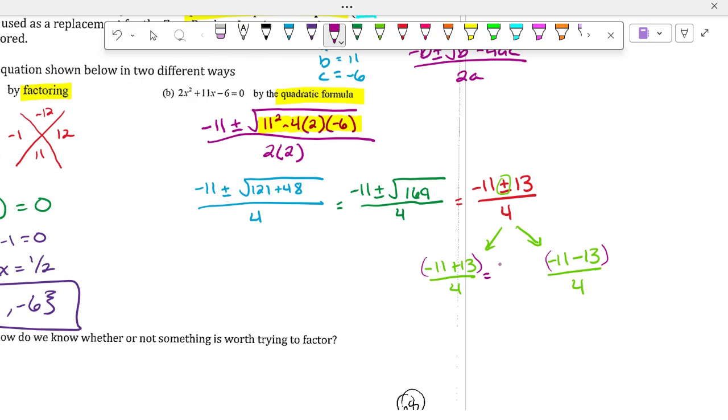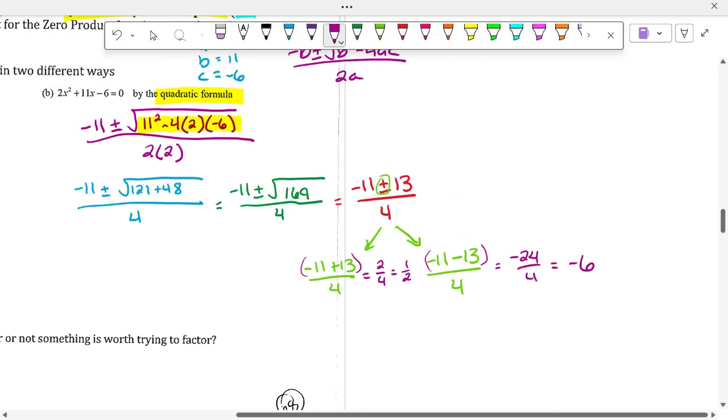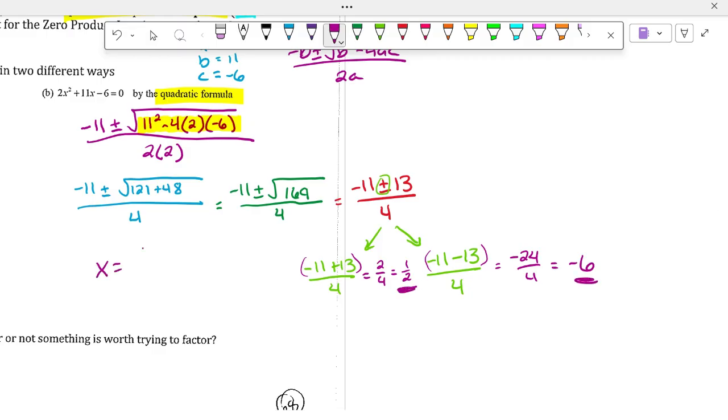This would equal 2 over 4, which simplifies down to what? 1/2. This would equal -24 over 4, which simplifies down to what? -6. So these are our two answers. So x still equals the set of positive 1/2 and -6. Even though we did it in two different methods, we still got the exact same answers.